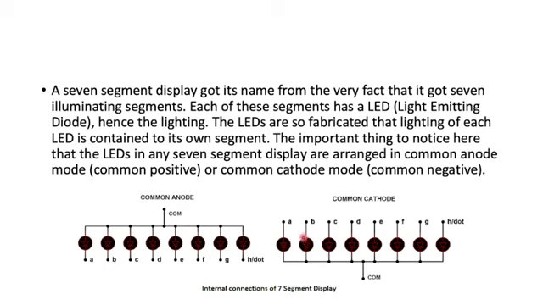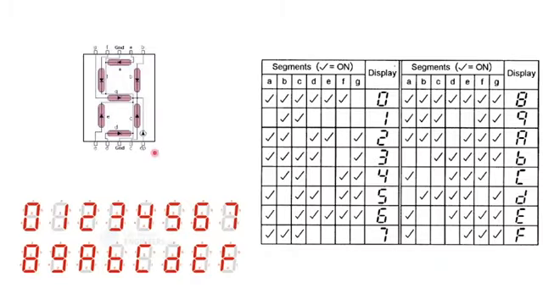So this way, if I apply a voltage or logic here like 1 0 1 0 1 1, the corresponding LEDs are going to turn on. But they are not actually arranged in this way. They are placed in the package like this.